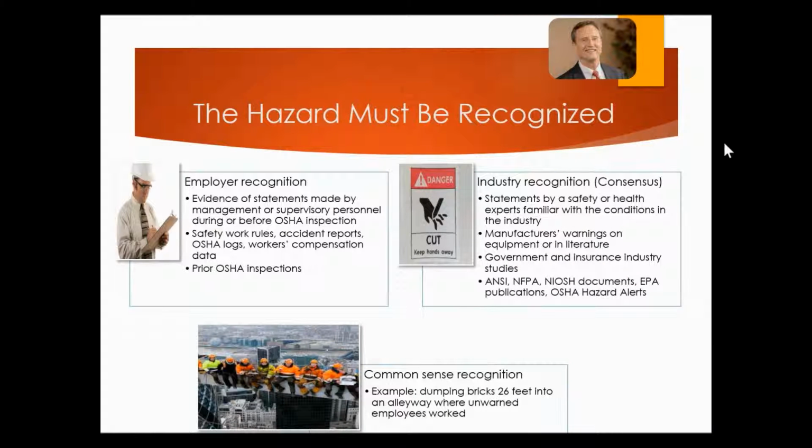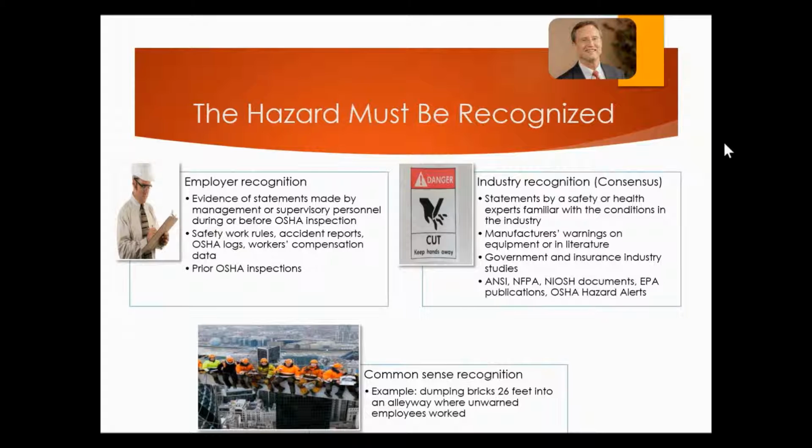Now, a little more detail. The hazard must be recognized. Well, how do you recognize a hazard? Employer recognition is one way, and that means that you know there is a hazard. That means evidence of statements made by management or supervisory personnel during or before an OSHA inspection.